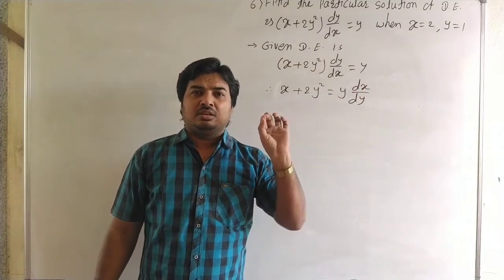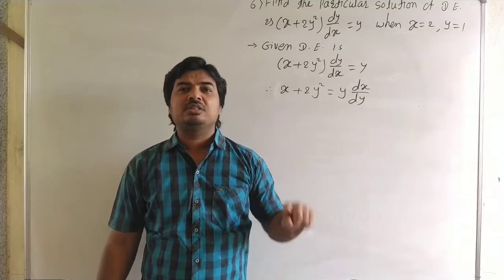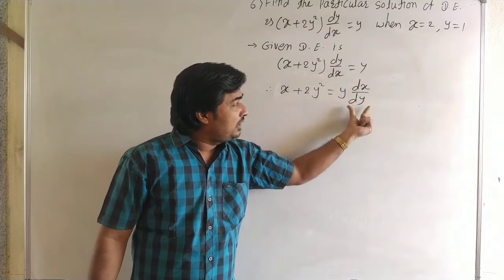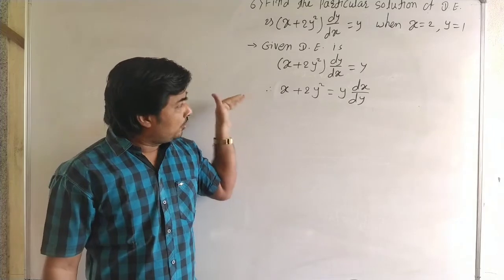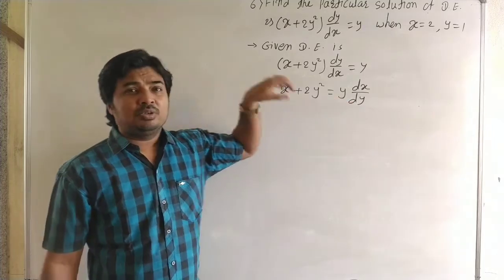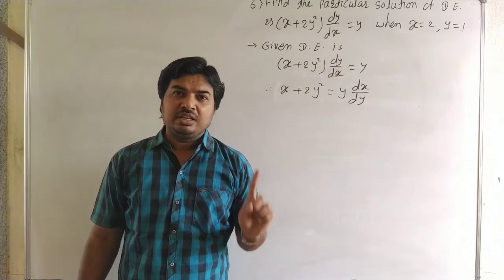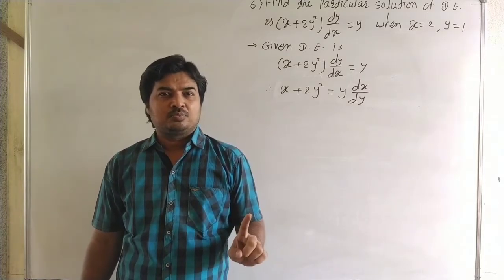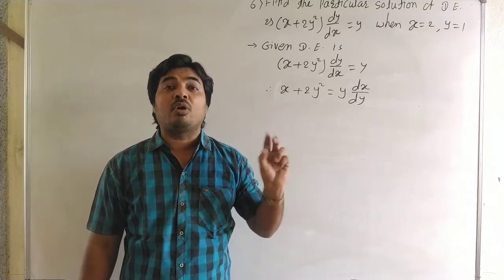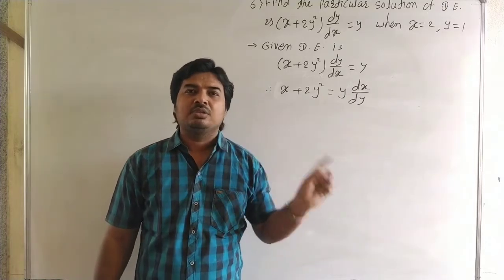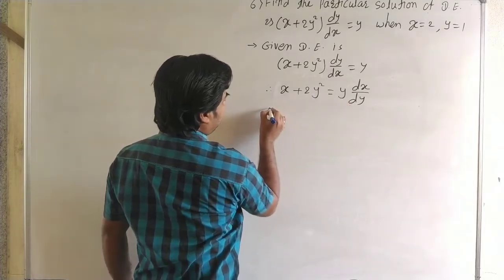Here the power of dx by dy is 1, and the power of x is also 1. Now we write this differential equation in the form of a linear differential equation in x, that is dx by dy plus px is equal to q, where p and q are functions of y, because it is a linear differential equation in x. Okay. Now see carefully this.